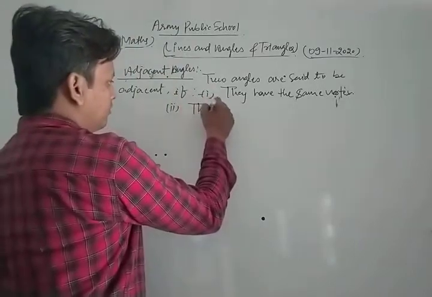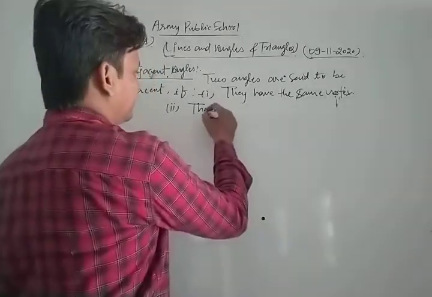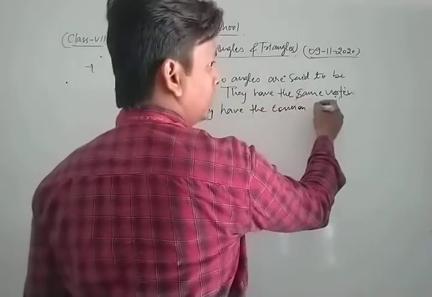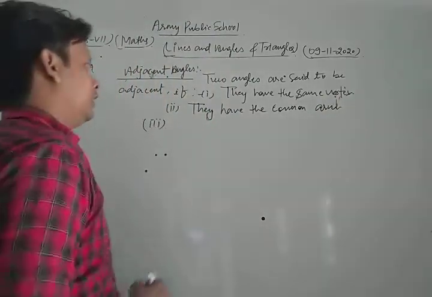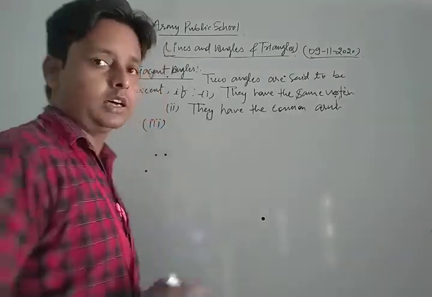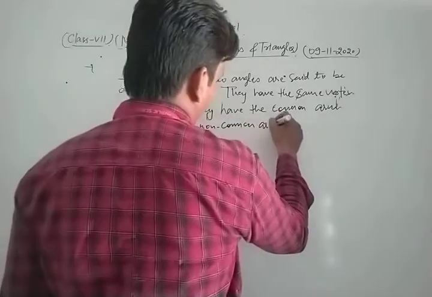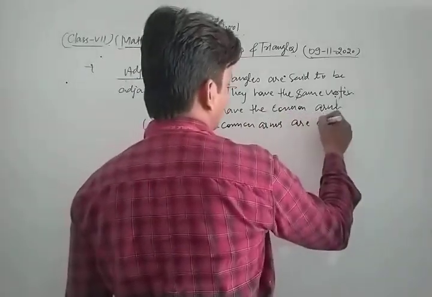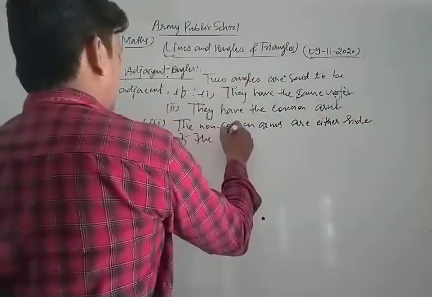Second one is they have the common arm. Okay, and third one is, they have the same vertex. Second, they have the common arm, and also the non-common arms. The non-common arms are opposite, on either side of the common arm.